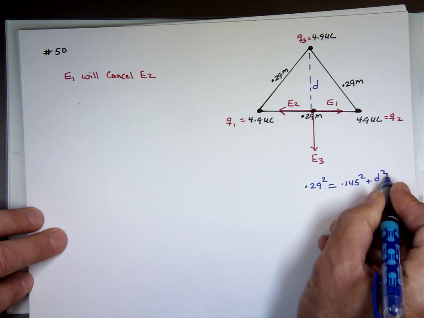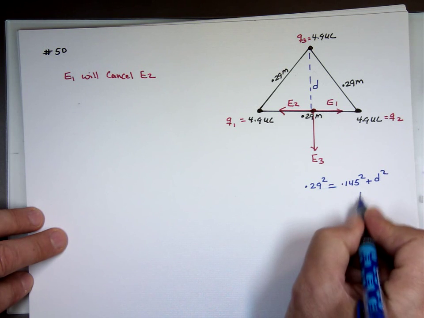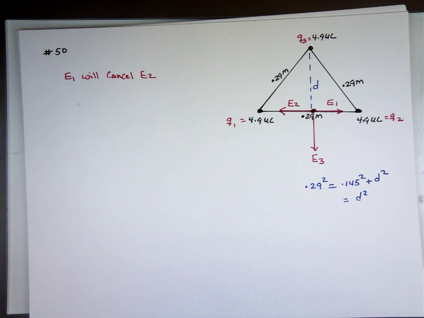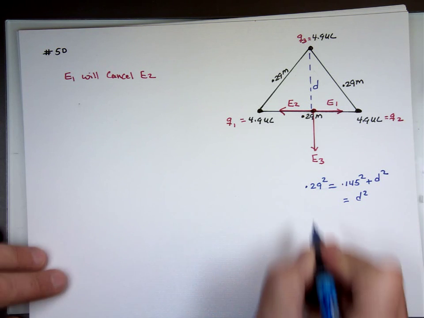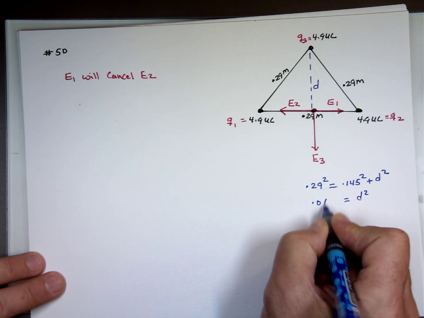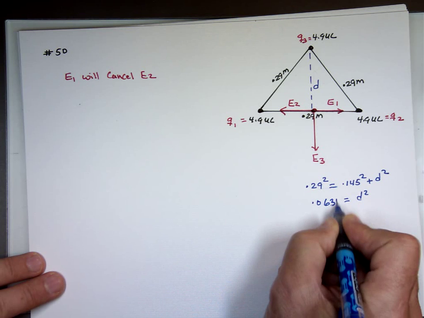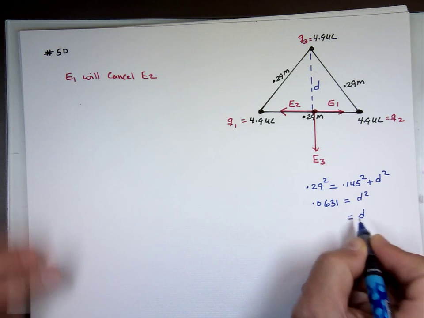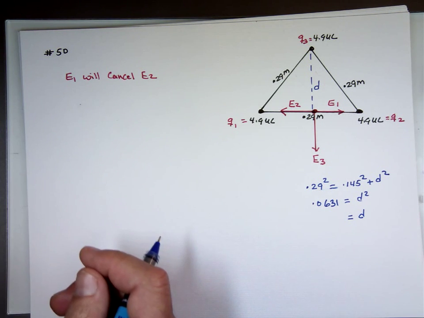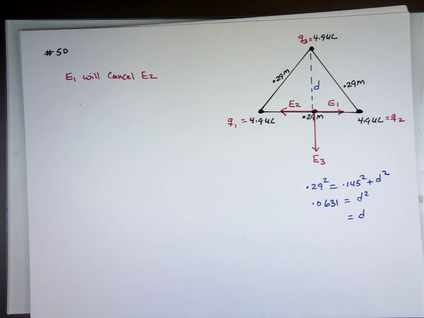D squared equals what? 0.29 squared minus 0.145 squared, which is 0.0631. D will be the square root of that number. 0.251.